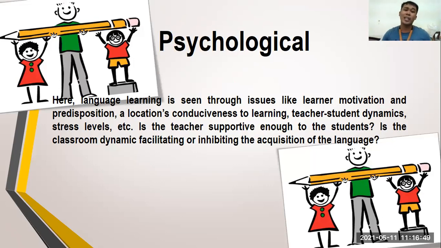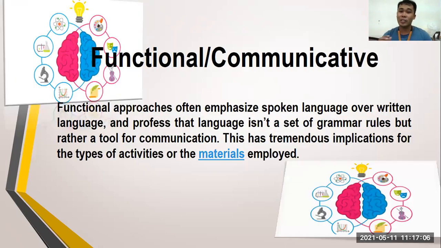Now, in the psychological, it is the motivation, how the students apply those learnings in terms of grammar correction, in terms of the grammar process. And in the functional communicative, it talks about how the students apply those learnings, especially in grammar, or how they communicate while learning the second language.